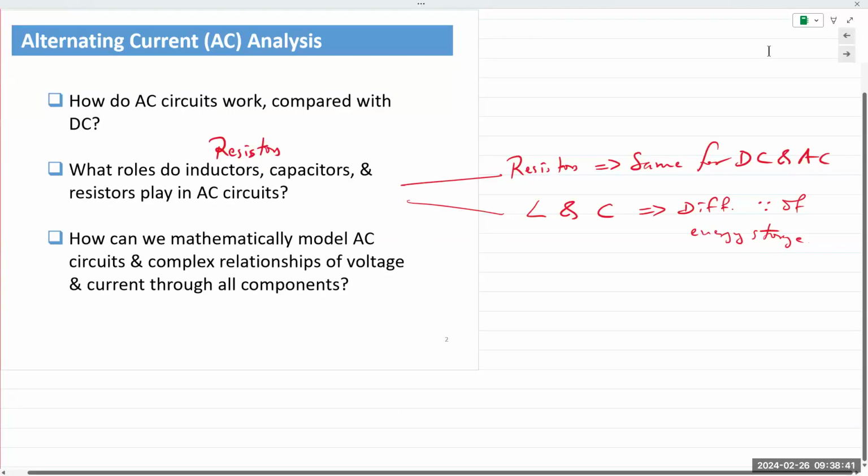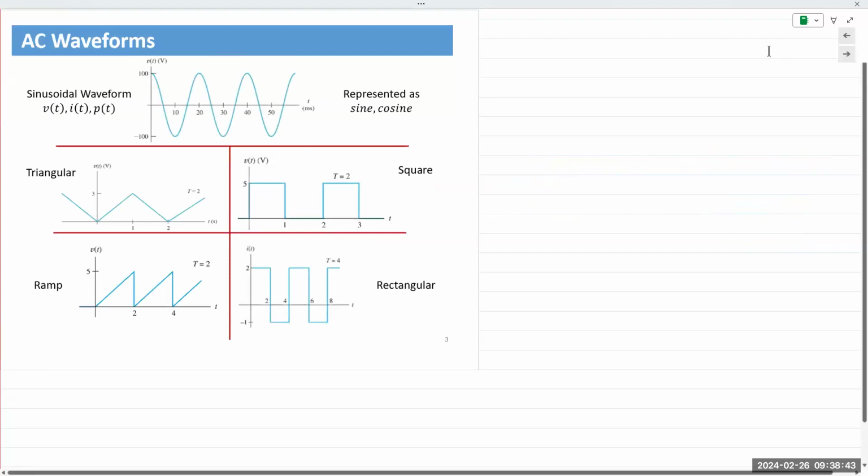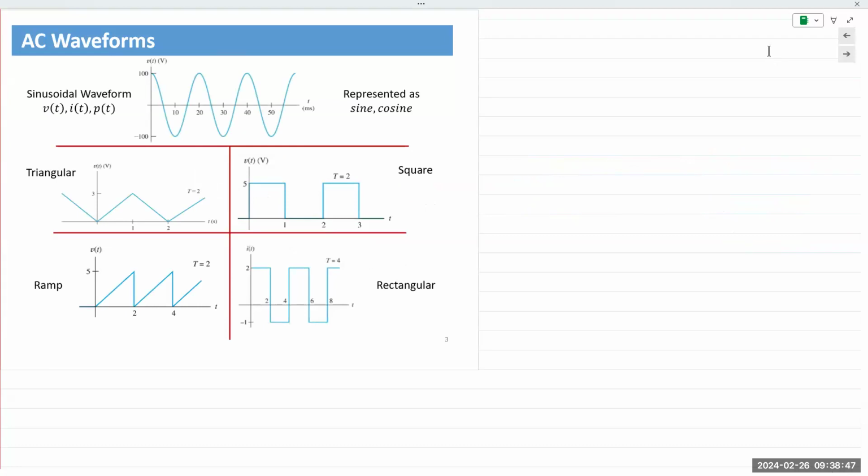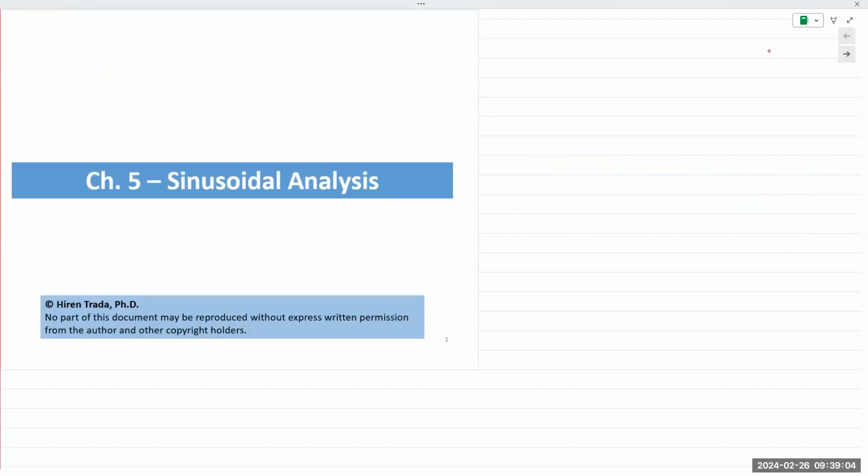All right, so let's take a look at some AC waveforms. Right on top is the most common one. And that waveform is known as a sinusoidal waveform. Hence the title of this chapter, sinusoidal analysis. This chapter can be called AC analysis, right?